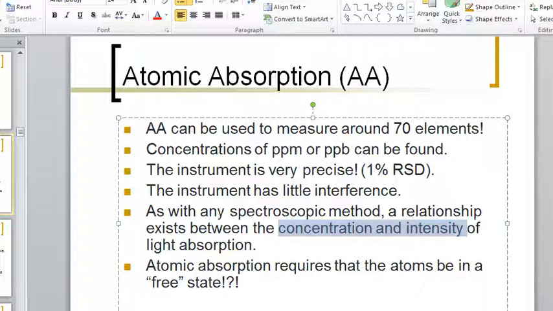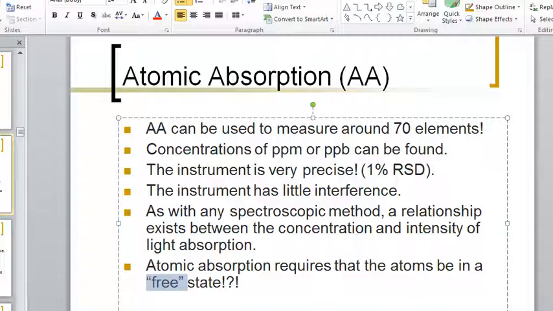Finally, down here at the very bottom, atomic absorption requires that the atoms be in a free state. What that basically means is that it needs to be freed up from any kind of compound. That's the kicker. If we have lead, lead has to be freed.